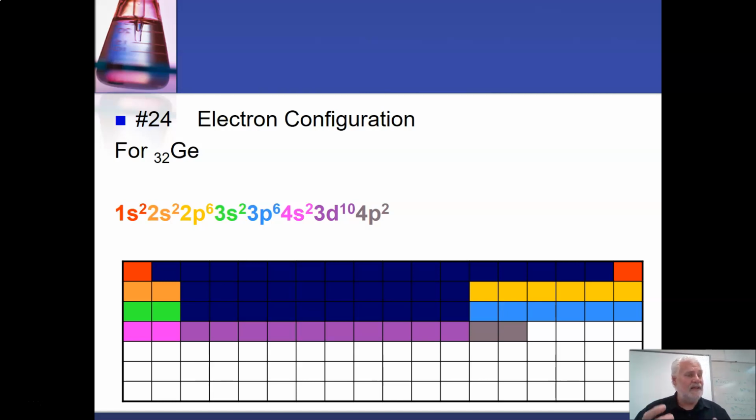So you can use your electron configuration periodic table for this one. You can write out this electron configuration, but that should give you a good idea for number 64, which is actually now our 16th question. So that is going to be that for part 4 of the test.